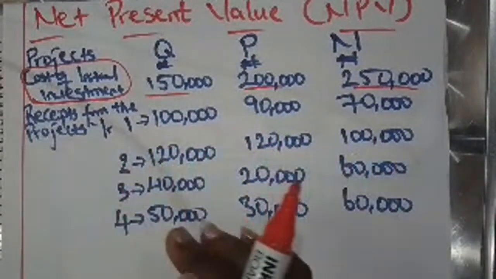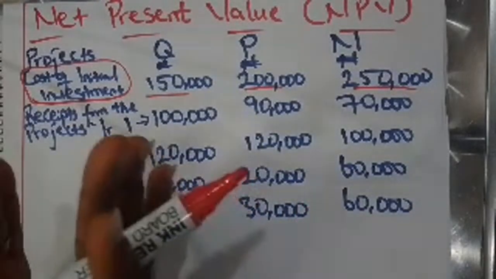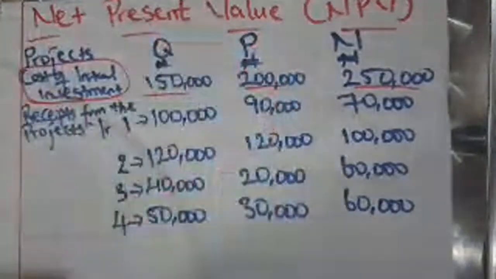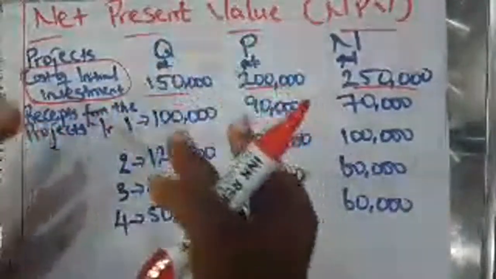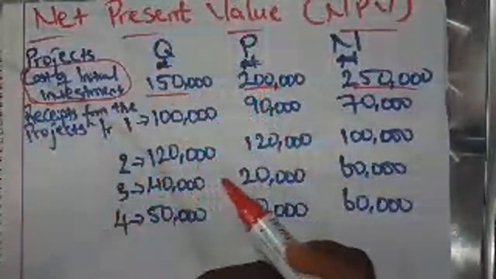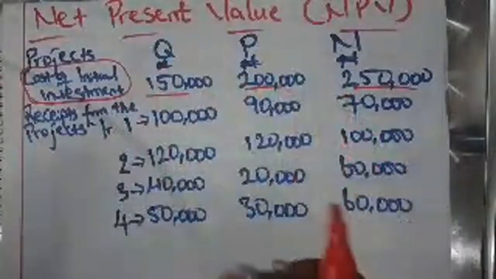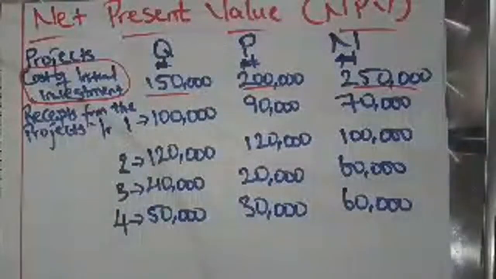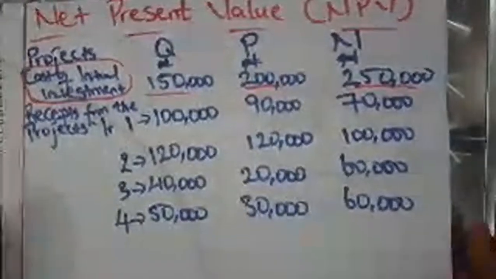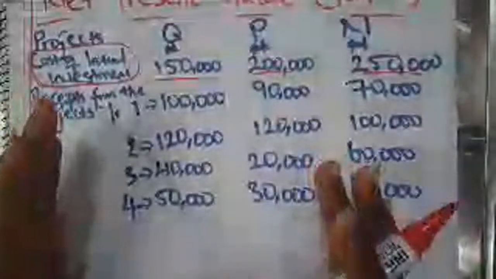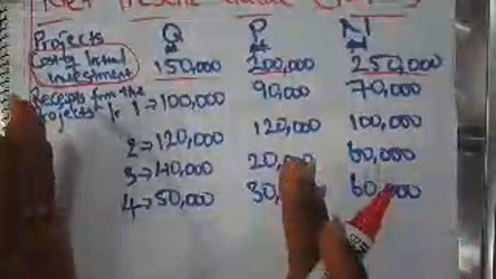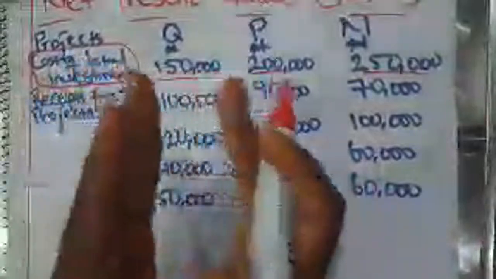Remember the one we did yesterday was just for one project. We only looked at one project and we did it to know if that project was profitable or not. But now we have three projects at hand, and what we are supposed to do is to calculate for each of them.